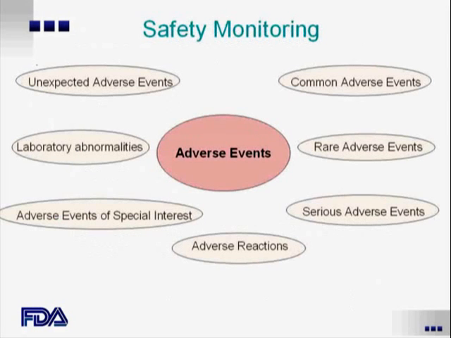So how do we monitor safety in clinical trials? We collect information about adverse events. And adverse events, there's a following slide where I discuss the regulatory definition, is an untoward medical occurrence when the patient, the subject, is exposed to a drug.